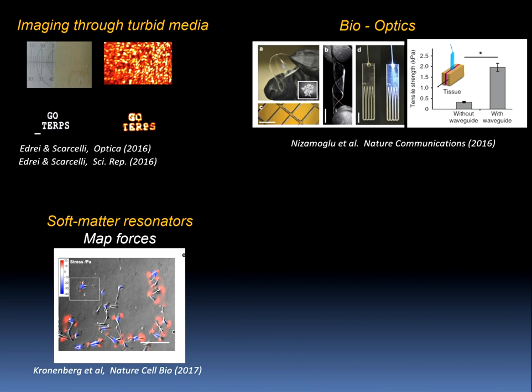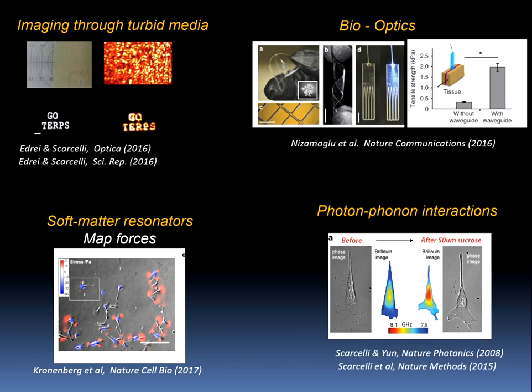So we're using the property of the resonator to create better sensors for forces that cells might apply. This is a particular demonstration in which we put a resonator, and on top we culture cells, so when cells move the substrate, we have a very precise way to characterize the force that the cell applies.